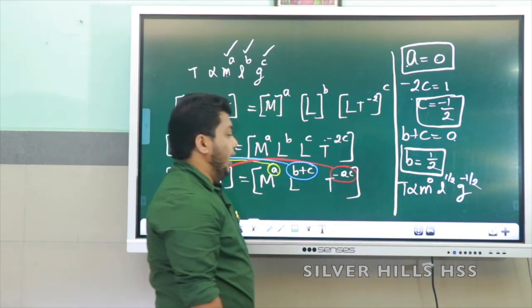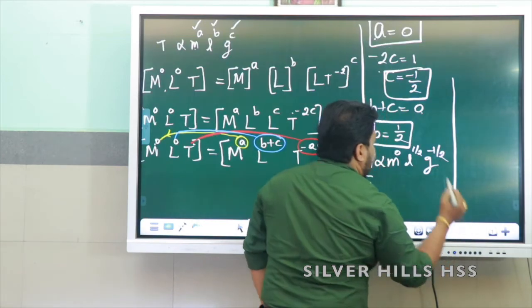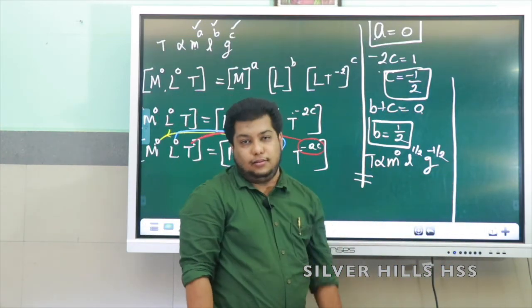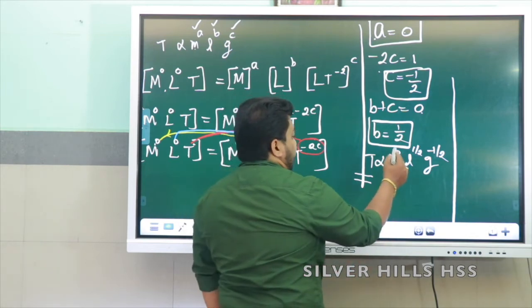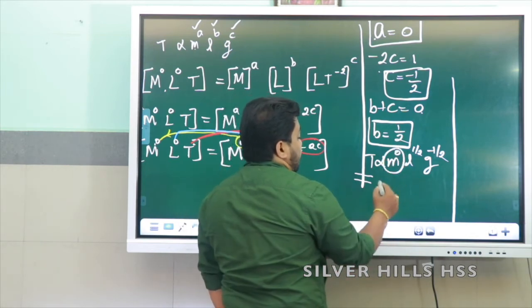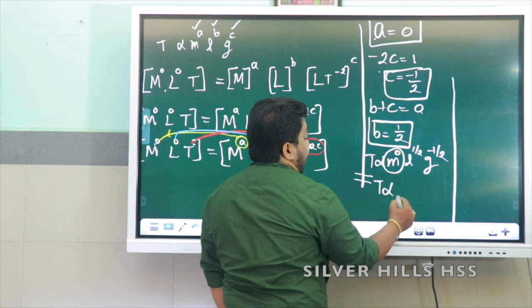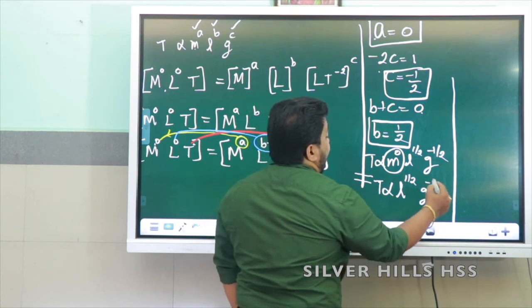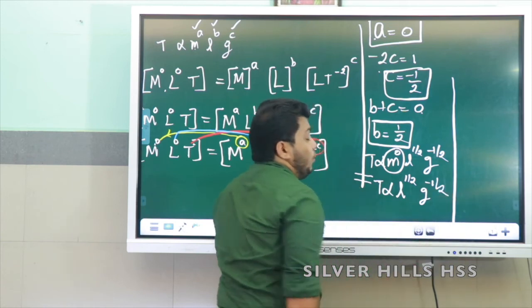Okay. So let us continue. We know that M raised to 0 is 1, so this quantity can be neglected. So T is proportional to L raised to 1 by 2 and g raised to minus 1 by 2.